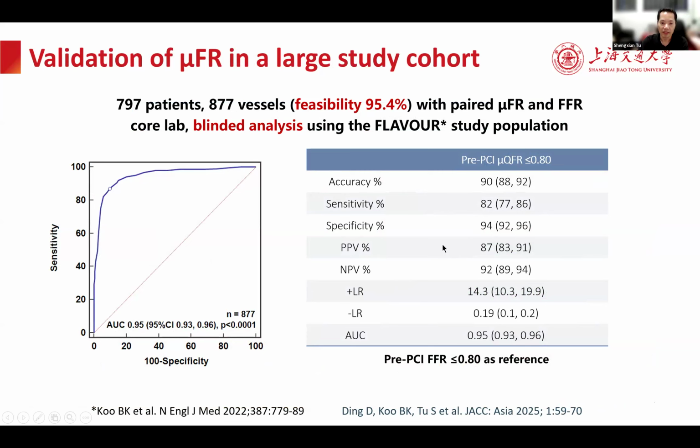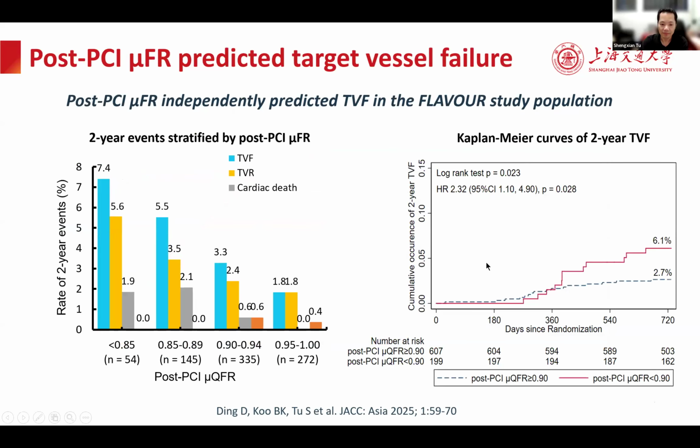As you can see, in the pre-PCI setting, the MUFR has a higher diagnostic concordance with wire-based FFR. Accuracy was 90%, a good result. And the feasibility was quite high. Even though the angio was not obtained according to the optimal projection protocol, you can still have feasibility at 95%.